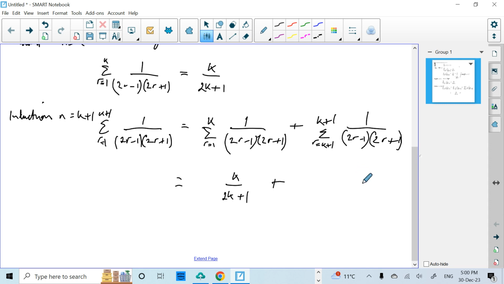we have 1 over 2r minus 1, which is now 2, and then brackets, I should put everything in brackets, so 2, and then of course k plus 1.